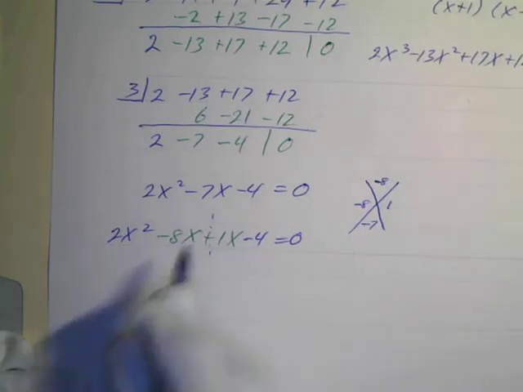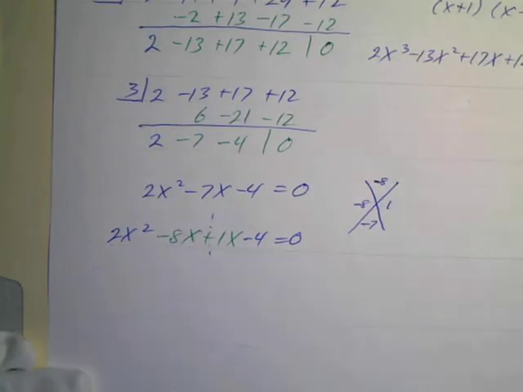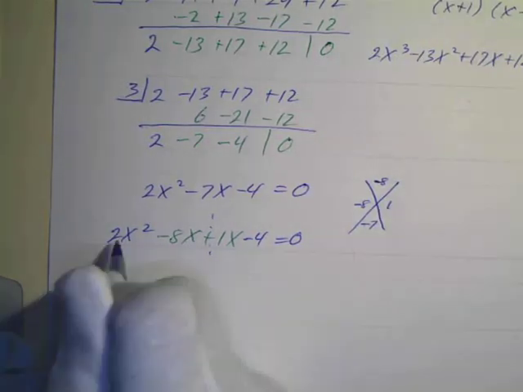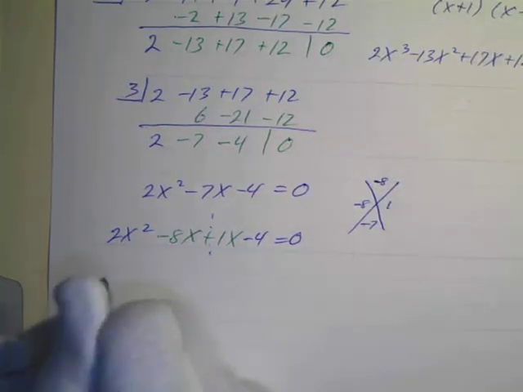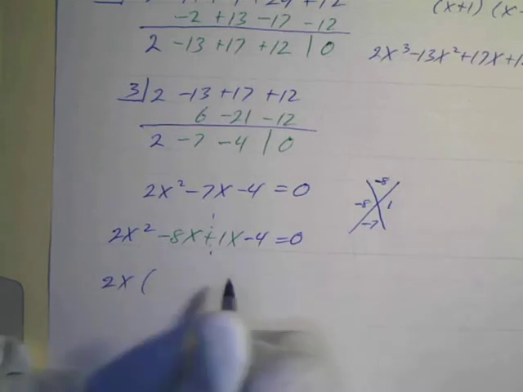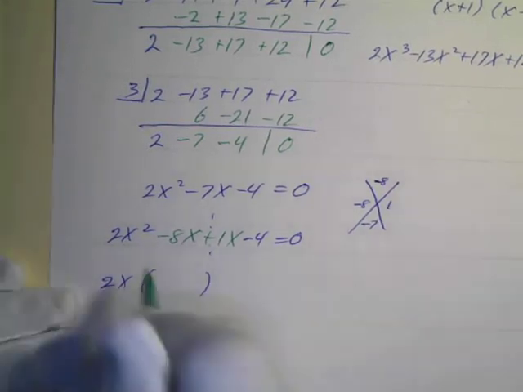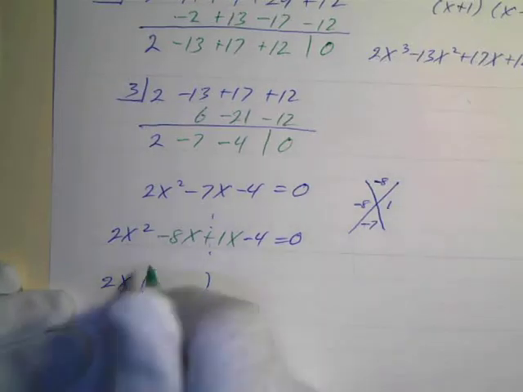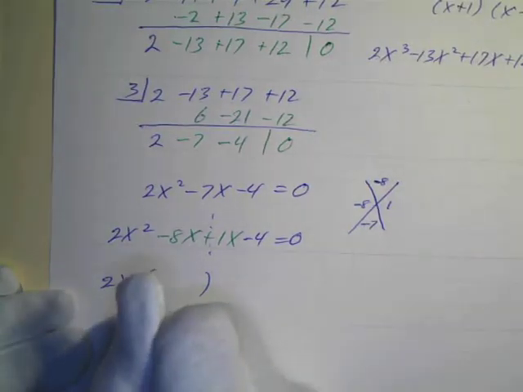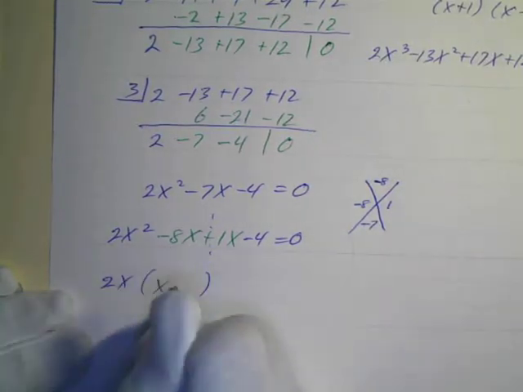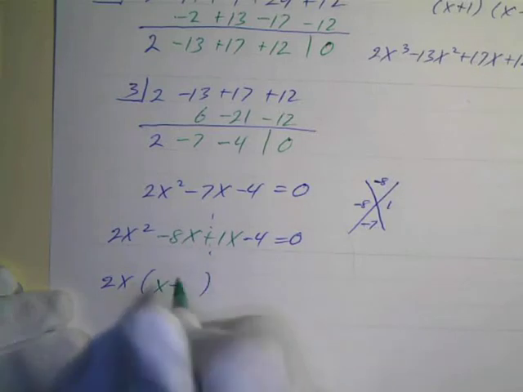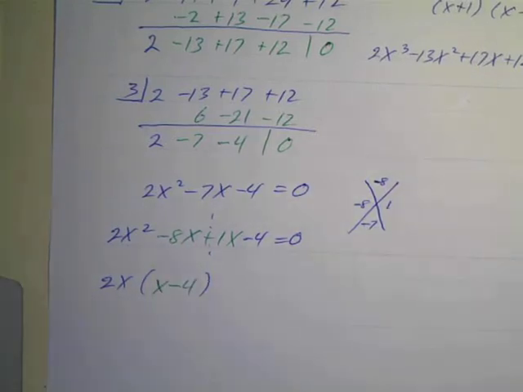What can I factor out of these 2 terms? I can factor out a 2x. And what's left in the first term is going to be x minus, and if I take 2x out of 8x, I get 4. And what can I factor out of these 2 terms?